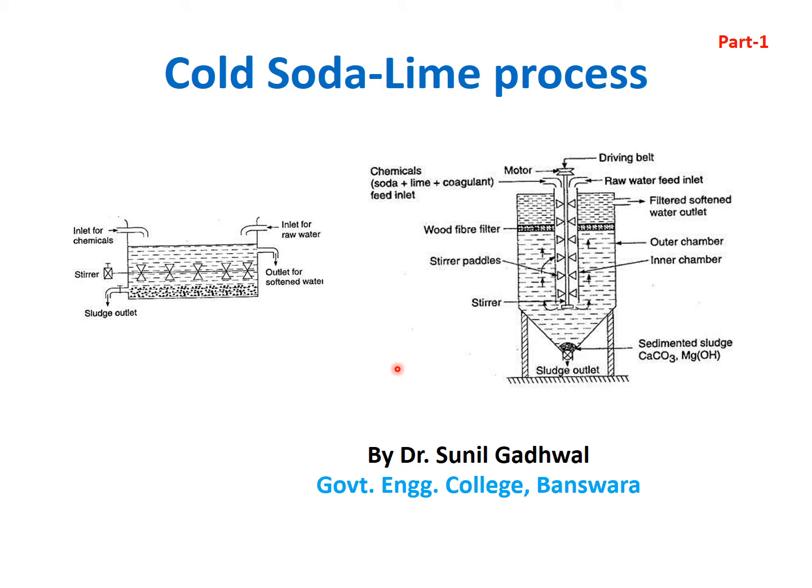the soda lime process. In this method, all the hardness causing soluble salt impurities are converted into insoluble precipitate by chemical treatment and may be removed by settling and filtration.